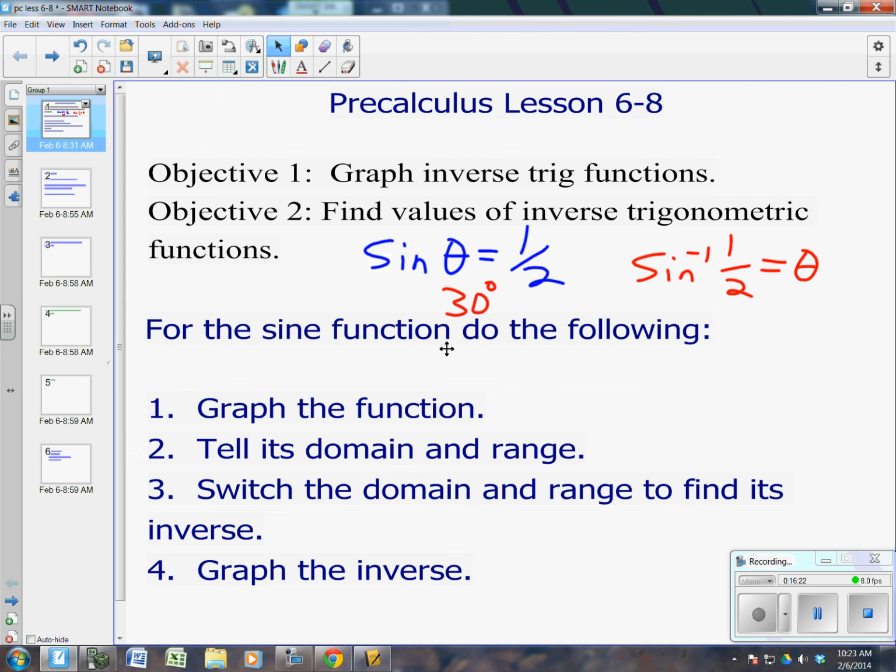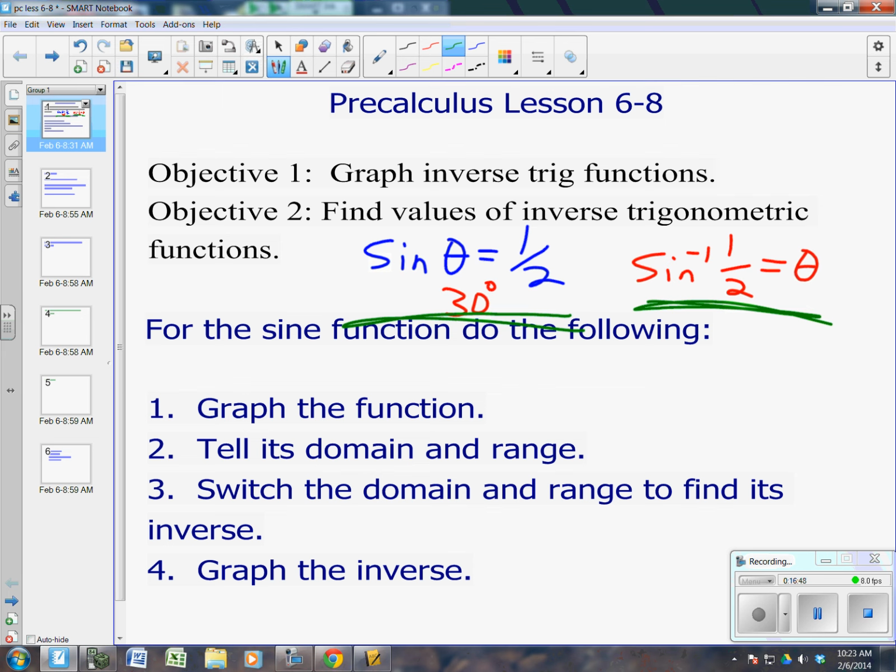This right here means the same as this right here. It's just asking it in a different way. The sine of what angle is 1/2? If we solve for theta, if we get theta by itself, it's going to say sine inverse of 1/2 equals theta. So it's still saying the sine is 1/2. What is the angle that makes that sine? Okay? So these two things are saying the exact same thing.